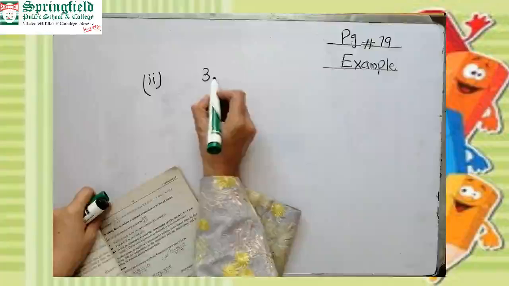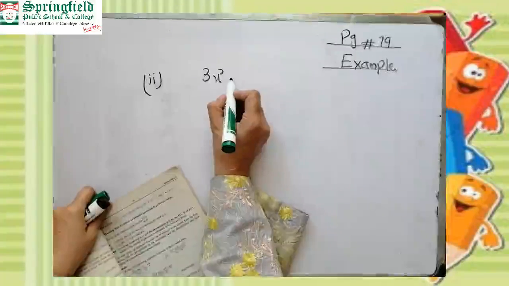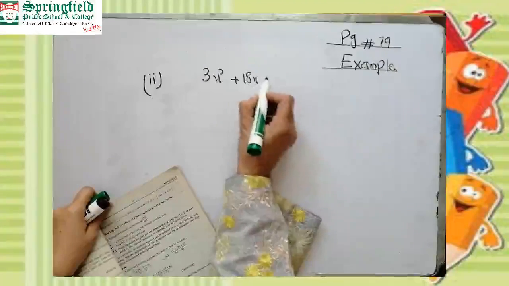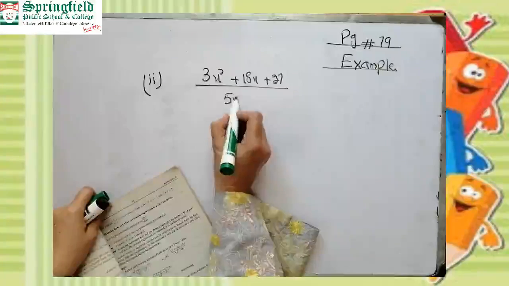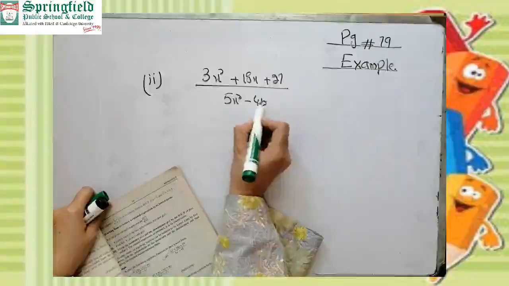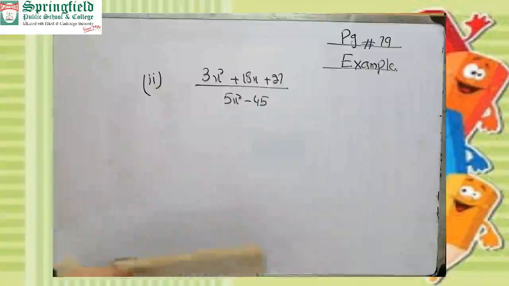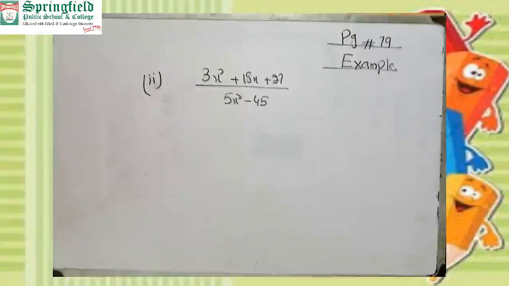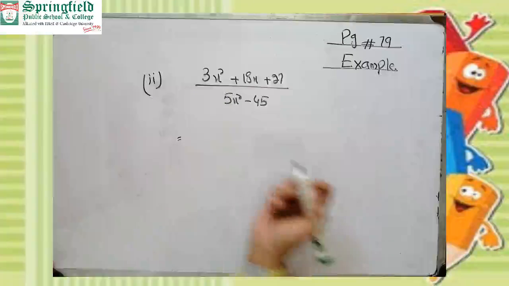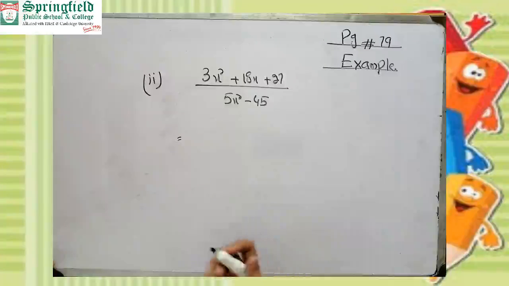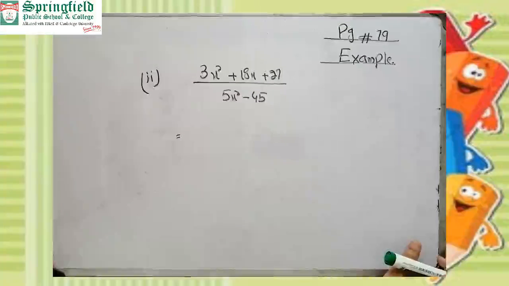The second part is 3x square plus 18x plus 27 divided by 5x square minus 45. And they are saying that find out the lowest term of this expression. Fine? There are two expressions and find out the lowest term. So how we can find it? So beta, as we know that we can find the lowest term by taking the HCF, by taking the common or factorize.